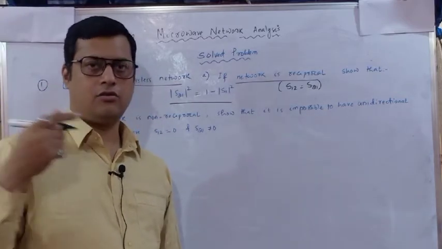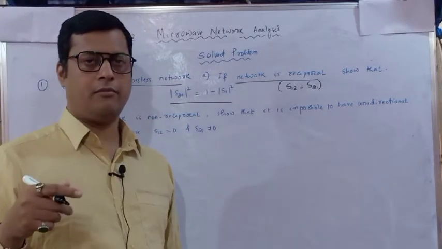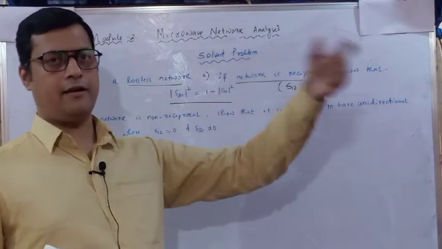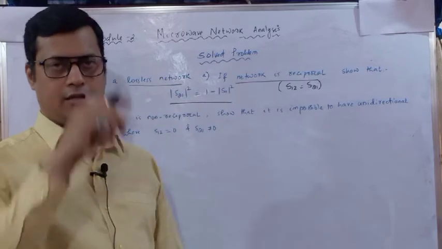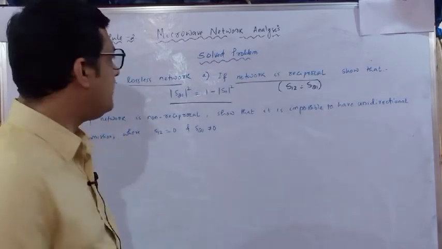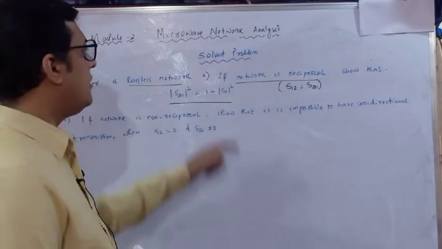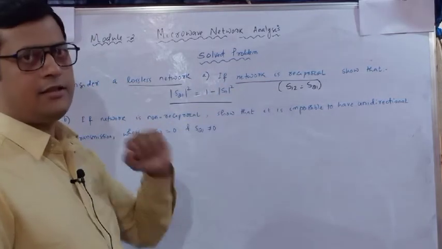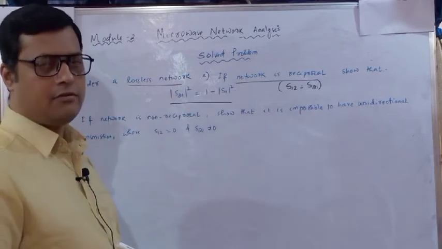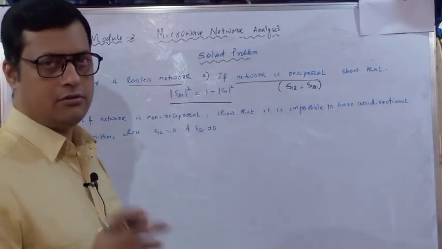Take the row component or the column component, individual squares, and if you add them with respect to row or with respect to column, the resultant must be equal to 1. So that is the lossless network. And the network is also reciprocal. So we have to prove that mod of S21 square is equal to 1 minus mod of S11 square.